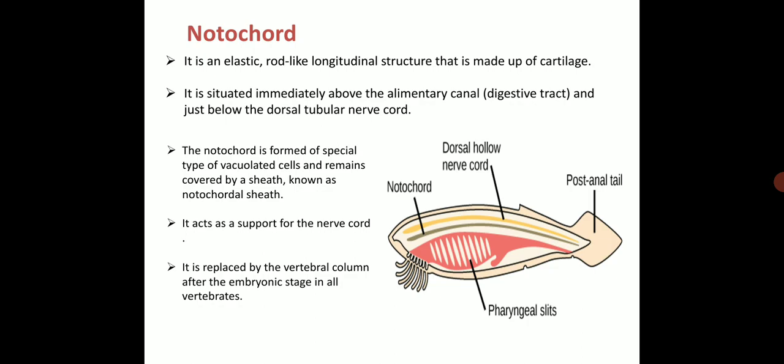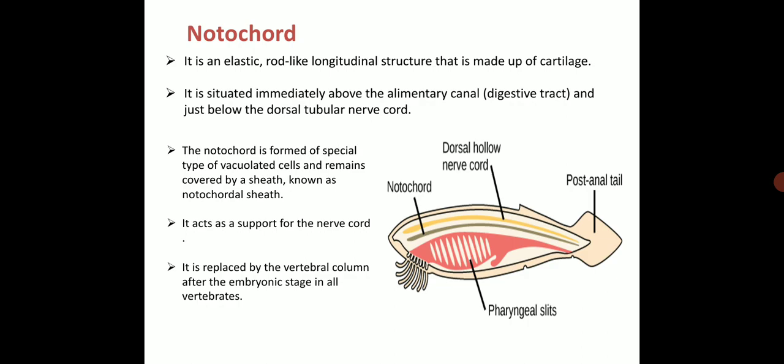It is an elastic rod-like longitudinal structure made up of cartilage. This notochord is situated immediately above the alimentary canal, that means the digestive tract, and just below the nerve cord. It is formed of a special type of vacuolated cells and remains covered with a sheath that we call the notochordal sheath.